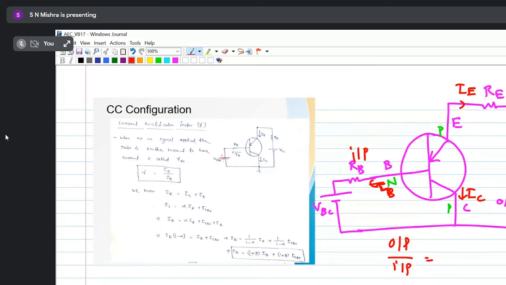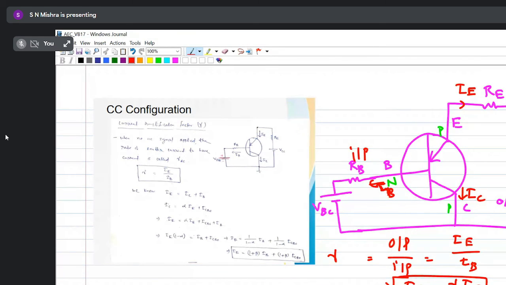Sir, IE by IB. Okay. So alpha is for common base, beta is for common emitter, so gamma is the current amplification factor for the common collector configuration. So gamma equals IE by IB. If you cross multiply, you'll get IE equals gamma IB.